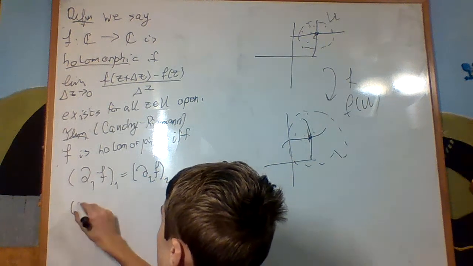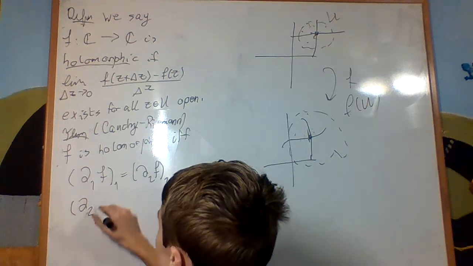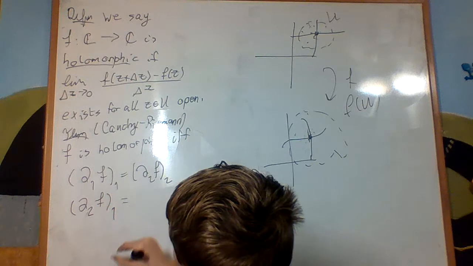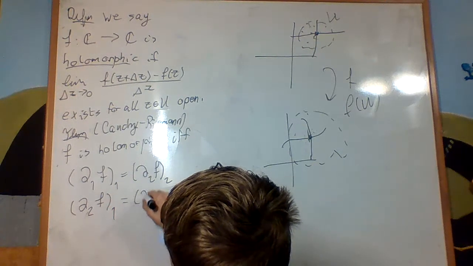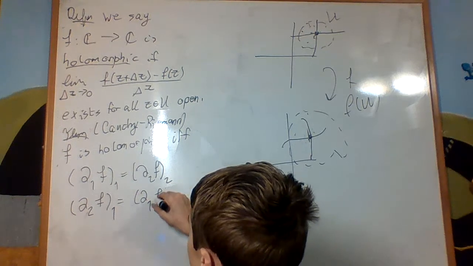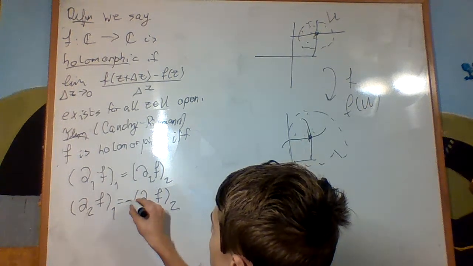Okay, and that the partial derivative in respect to the second component of f, first component, is equal to the partial derivative in respect to the first component of f, second component, except you carry out a negative. Okay, what does this mean?